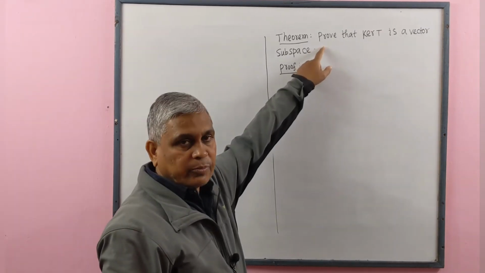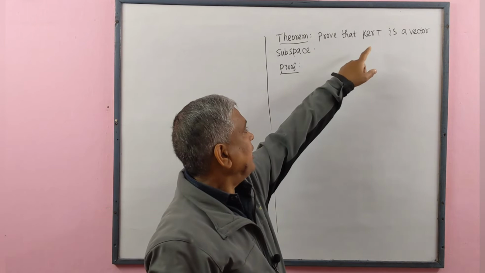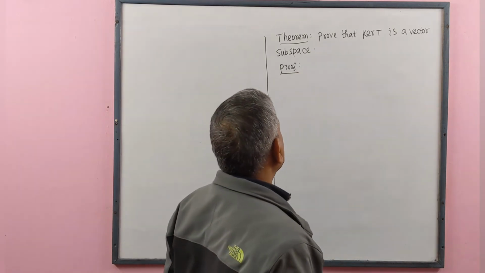Now we prove a theorem. Prove that ker T is a vector subspace.